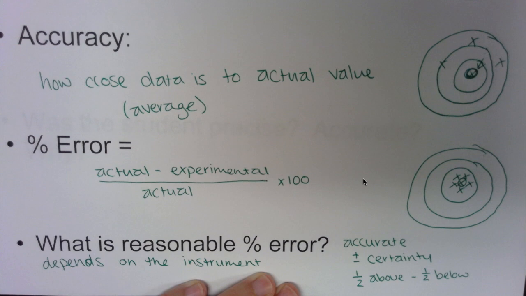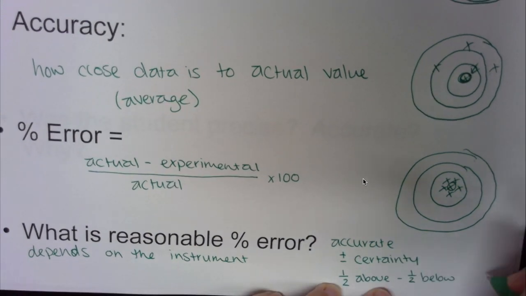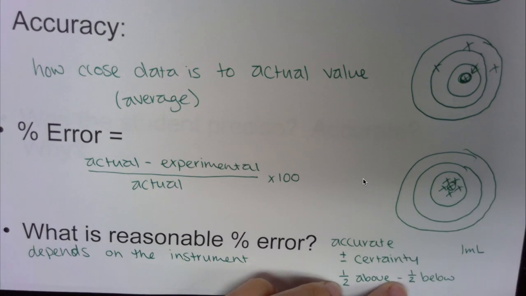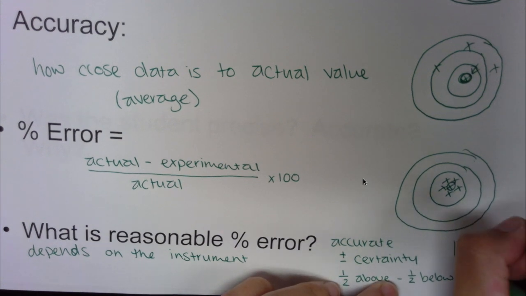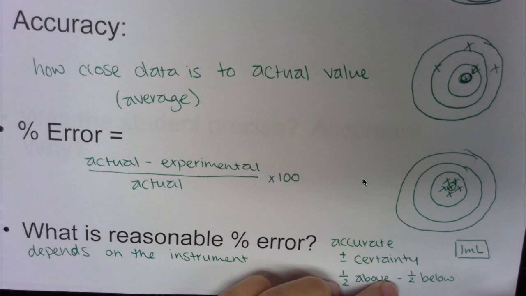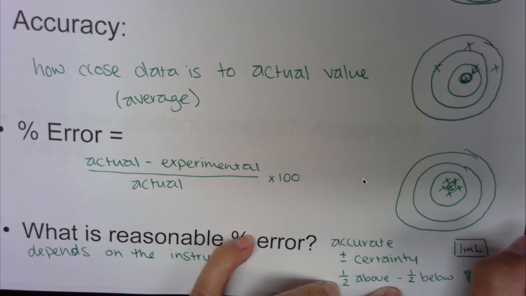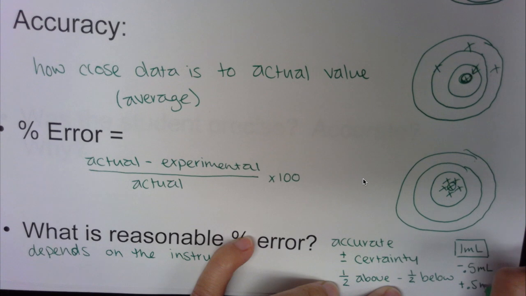What do I mean by this? If we were to take this graduated cylinder, we talked earlier about how it is broken up into 1 milliliter increments. This is our certainty. What your measurement device is broken up into is your certainty. So then, in order to figure out what is accurate, we can be within a range of 0.5 milliliters below to 0.5 milliliters above.